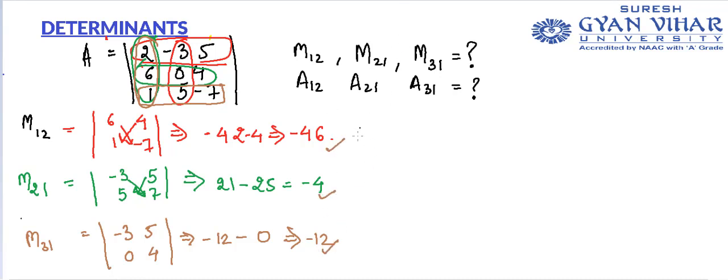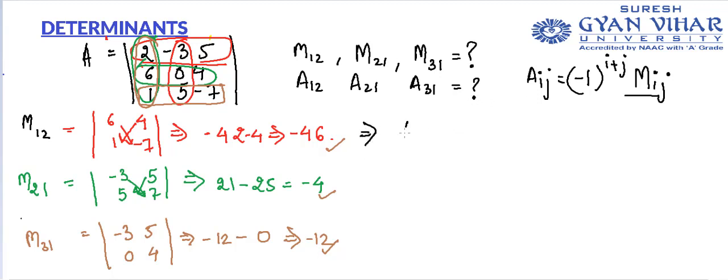Now we have to find the cofactors. For cofactor, we know that A ij is equal to minus 1 to the power i plus j, into the minor. You have to multiply it with the minor. So for A12, it is minus 1 to the power 1 plus 2, into minus 46.